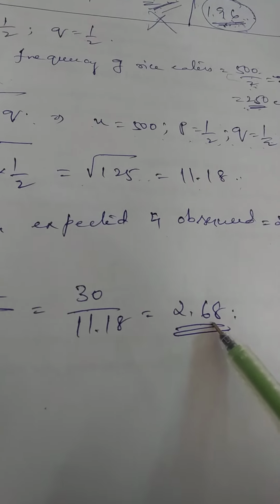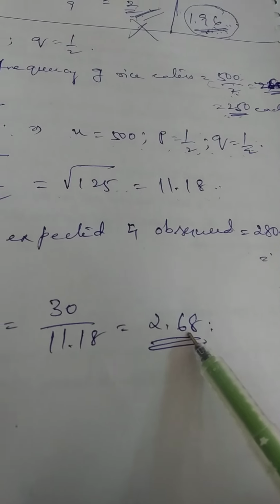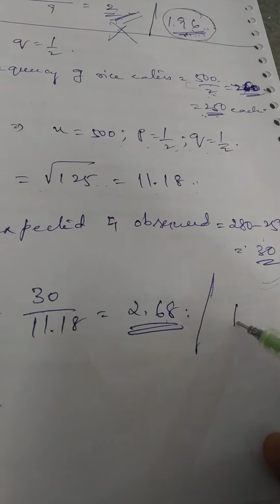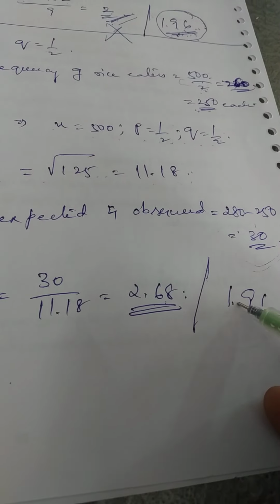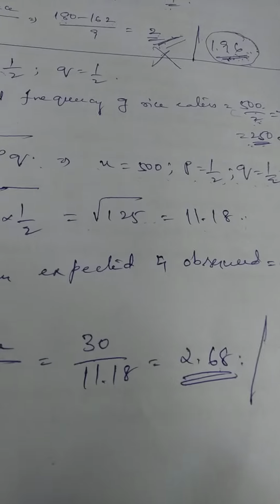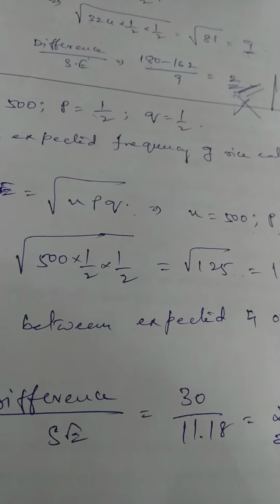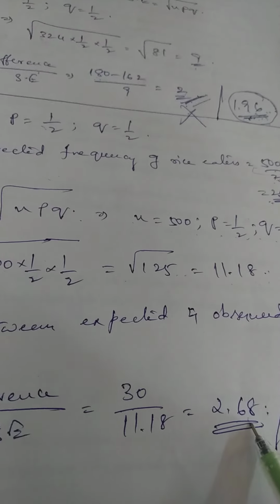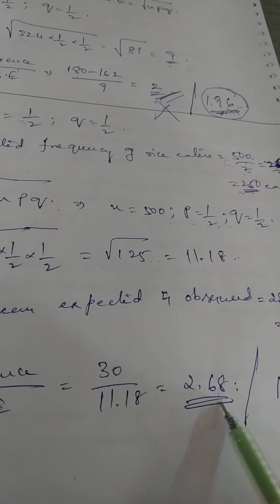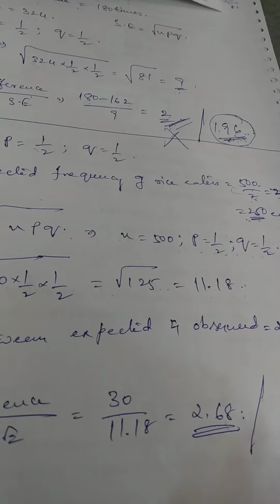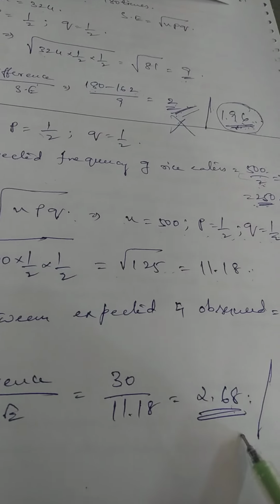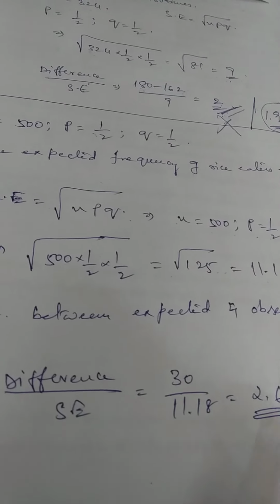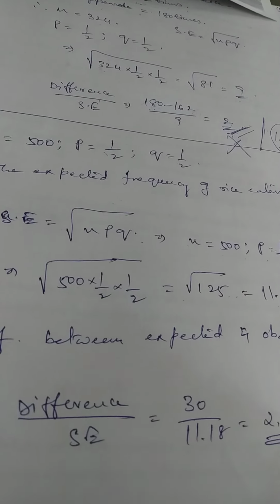That comes to 2.68, which is more than your standard parameter, which is 1.96, the 5% level. So the conclusion must be, since the value 2.68 is more than 1.96, we cannot assume that both food habits of people of Rajasthan, rice eaters and wheat eaters, are equally popular.